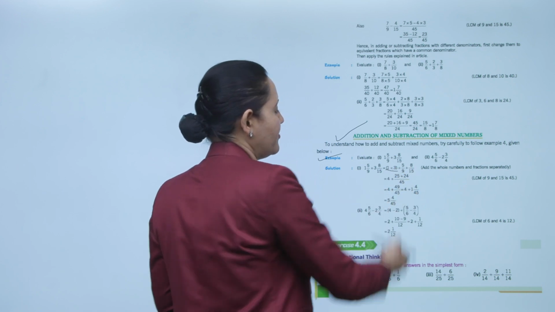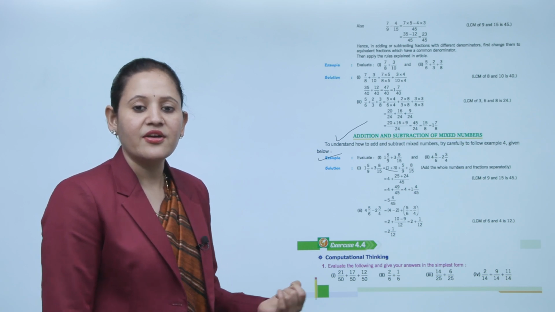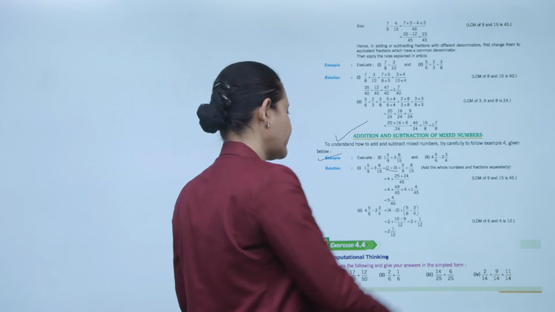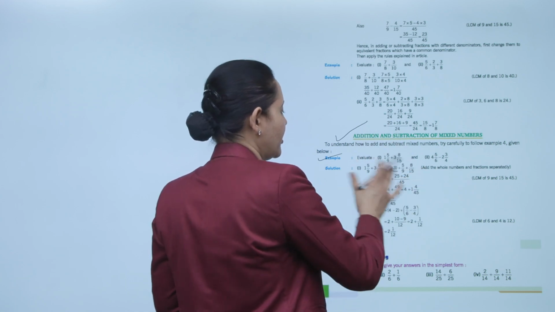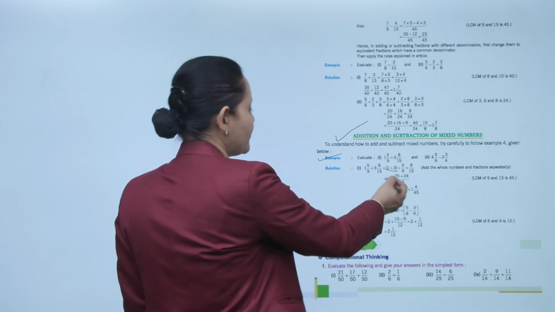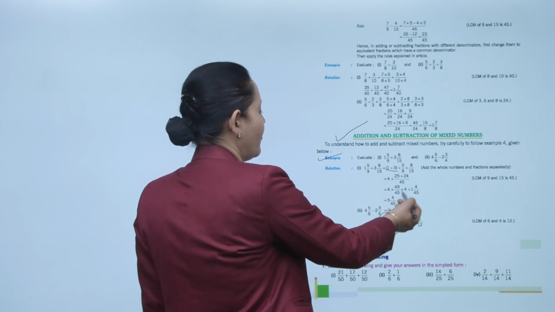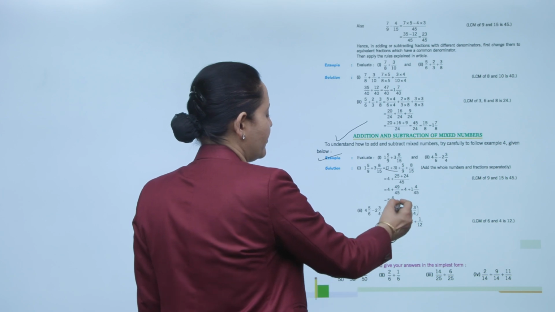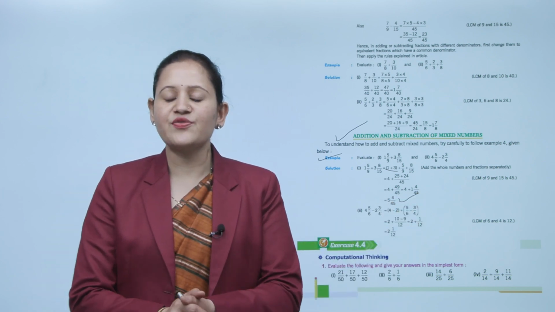So 5 into 5, 25. Next, 45 divided by 15, that is equal to 3. 3 into 8, that is 24. Add them together. So 4 plus 49 upon 45. Clear? 4 plus 1, 5. 4 upon 45. That will be our answer. Clear? Next is exercise 4.4.